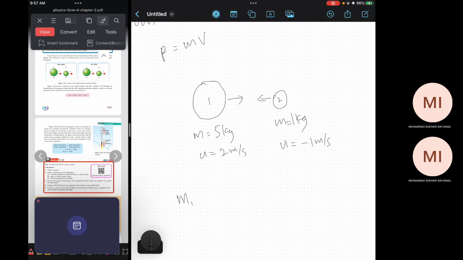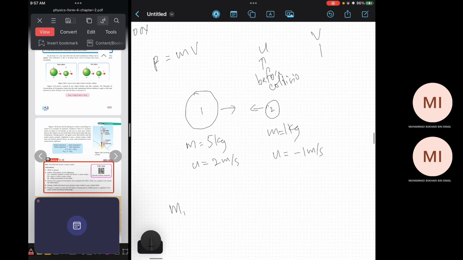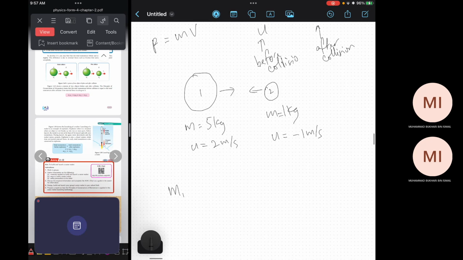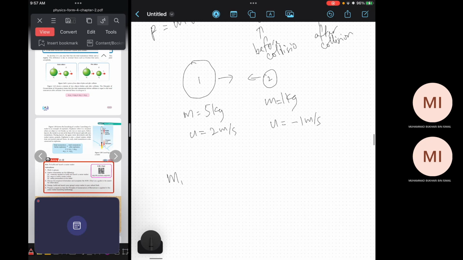But in this case, we use u, the velocity before collision. Untuk sebelum collision kita pakai U. V untuk after collision. So dalam kes ni kita pakai U lah, before collision. Nampak tak sekarang ni?